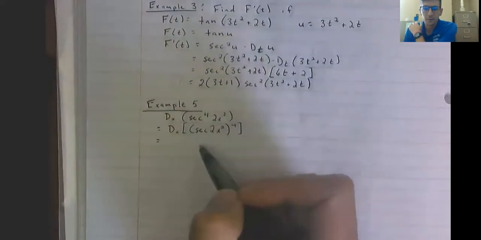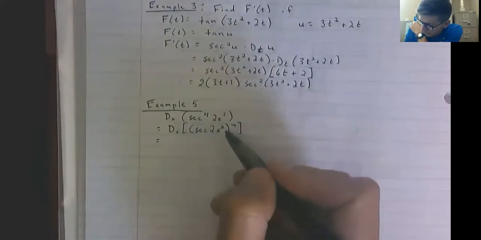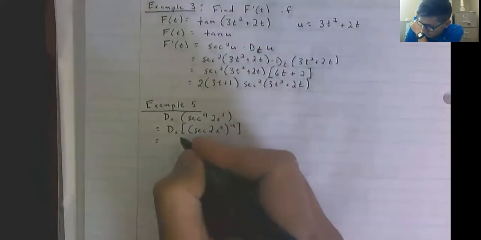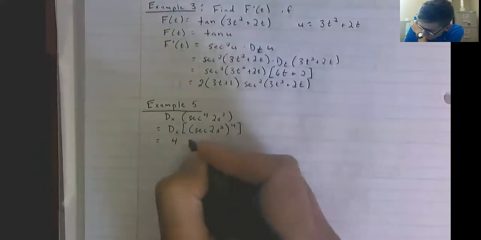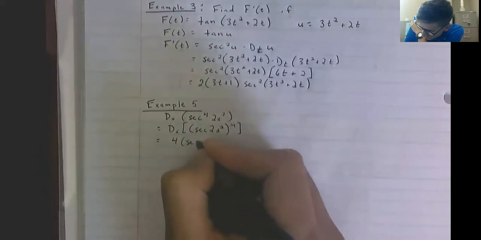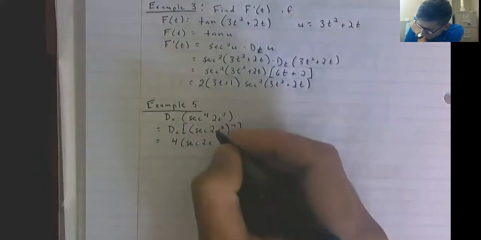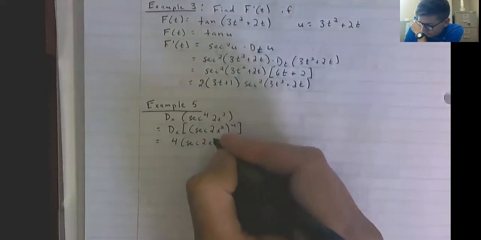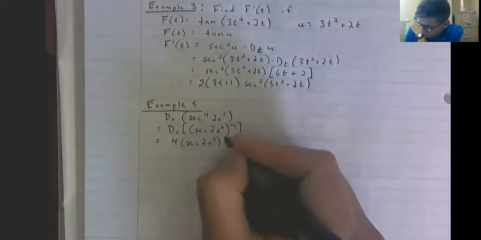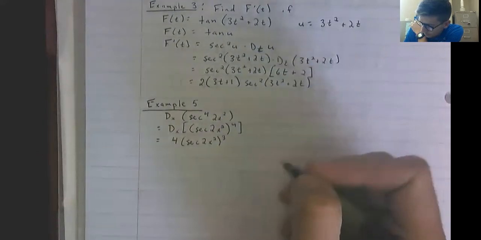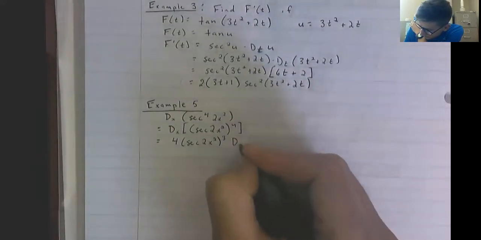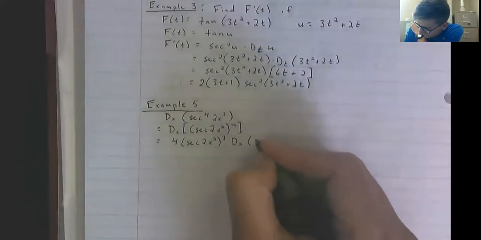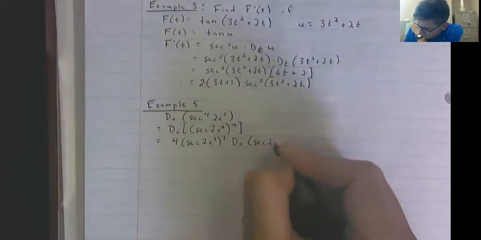The first level of the chain rule, we'll do the outer level of our quartic function. So the 4 drops down. We get secant squared, secant of 2x squared. The 4th becomes a cube. And then we need to take the derivative of the inner guy, secant of 2x squared.